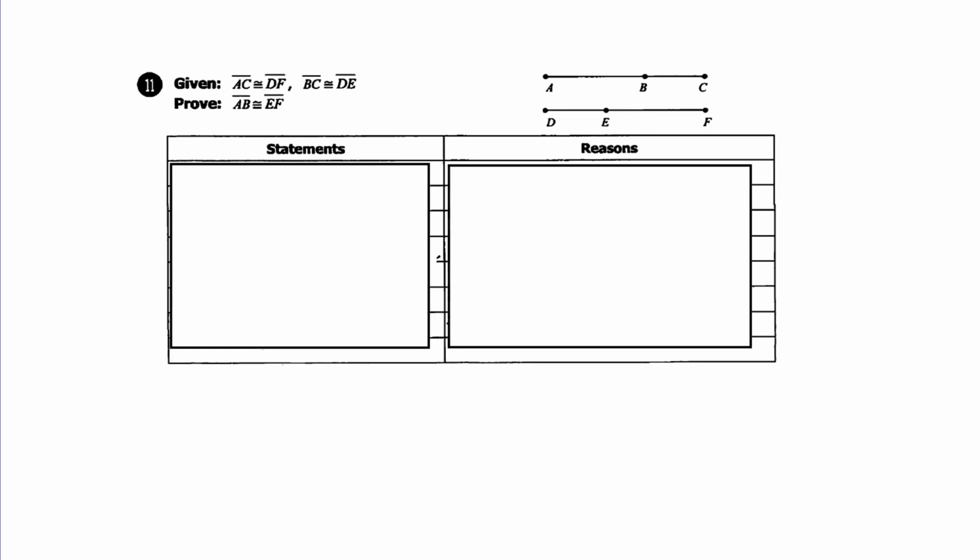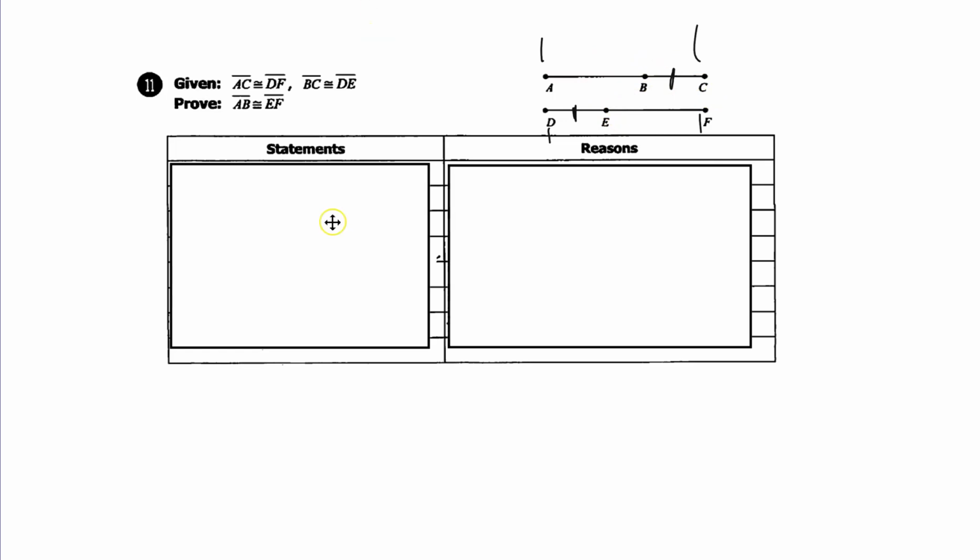All right, number 11. It says that AC, which is this whole thing, equals DF, right? And it says that BC equals DE. So BC equals DE. We have to prove that AB equals EF.